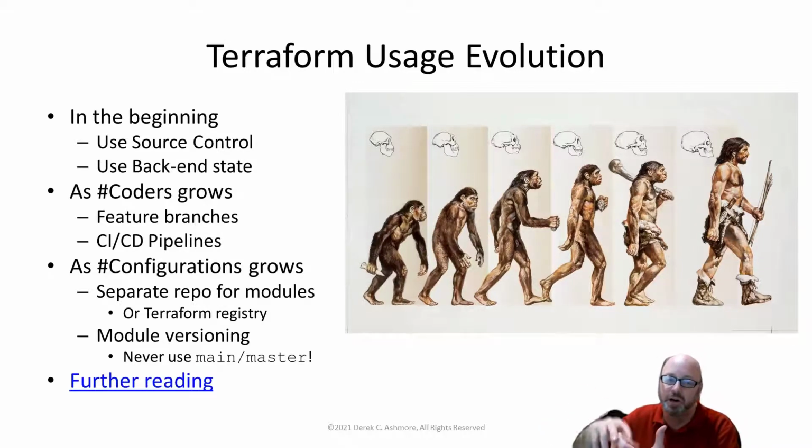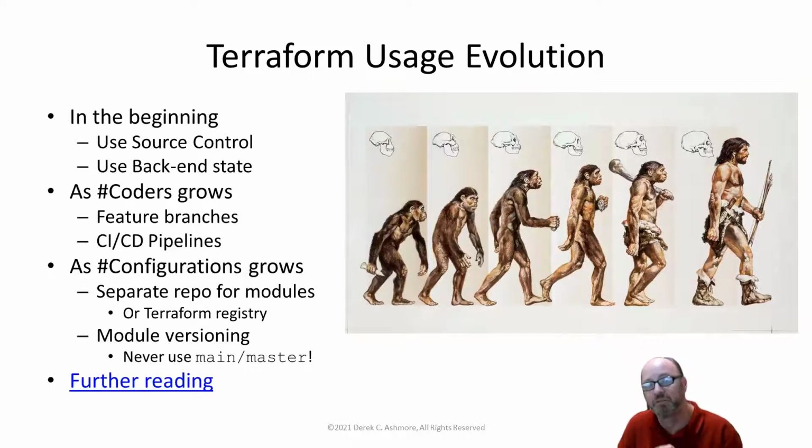As the number of coders grows, DevOps discipline gets a front seat at the table, and we get into feature branching, which we're going to cover, and CI/CD pipelines, which we already kind of covered a little bit.